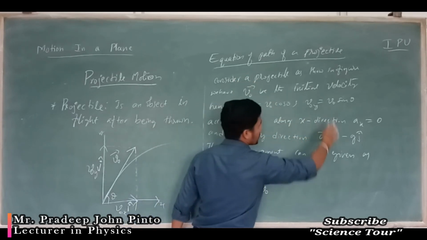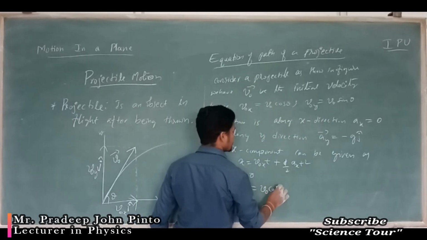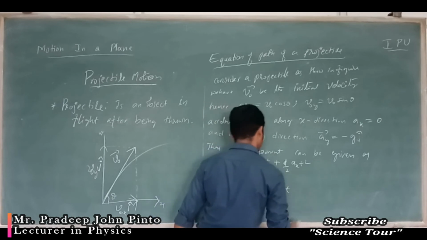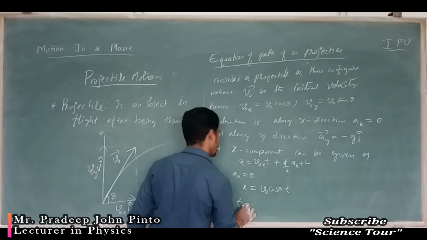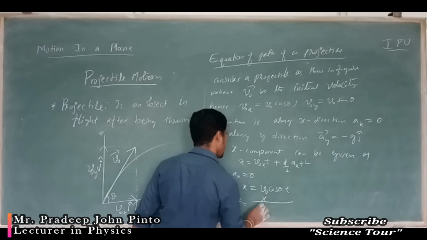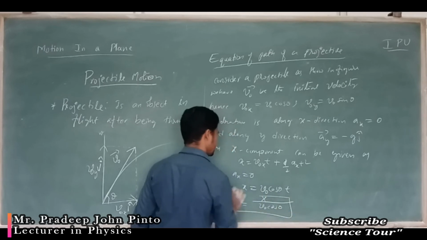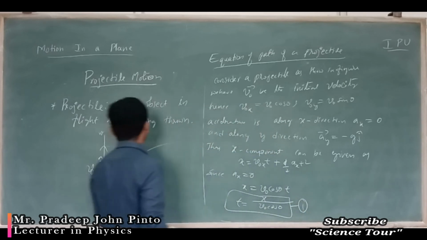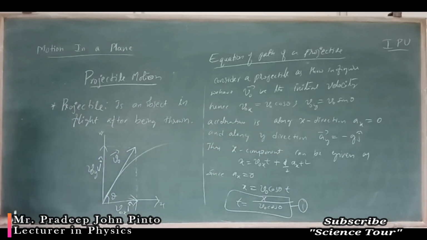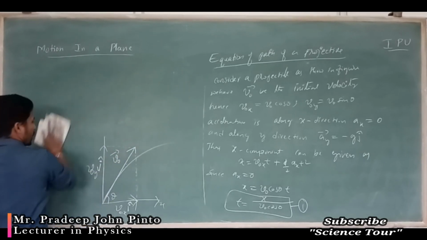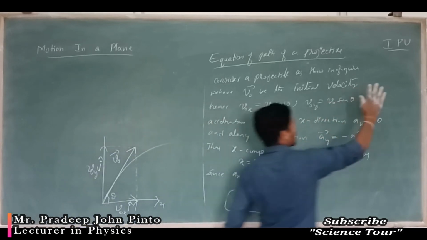V naught x is nothing but v naught cos theta. That implies t is equal to x divided by v naught cos theta. Equation 1. So I'll erase this diagram; you must write down this diagram here in your notebook.